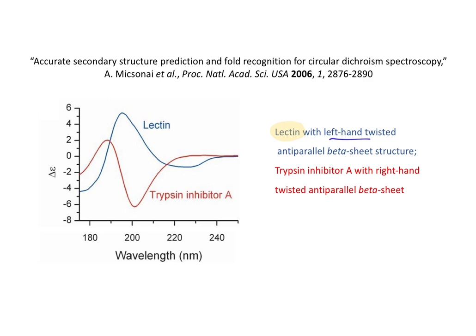And that shows up with a positive Cotton effect. Whereas the trypsin inhibitor with an antiparallel beta sheet has the more common right-hand twist. The trypsin inhibitor exhibits a negative Cotton effect.